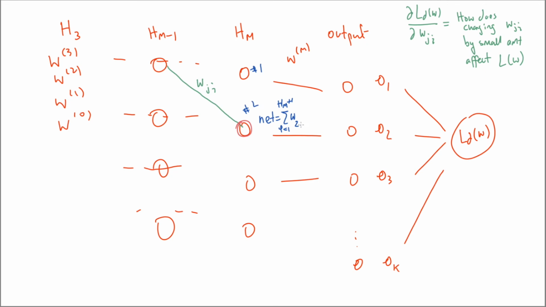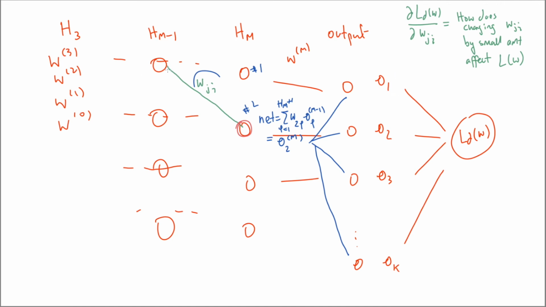This is the second node, so this would be W_2l times O_(n-1)l. So this weight, W_ji, is going to be one of the weights that gets caught up in this summation, and then this will give us O_2^m. Then what happens to this O_2^m? It goes into all of these output units, and gets taken into its own summation. Each one of these computes a summation and takes the sigmoid of that.